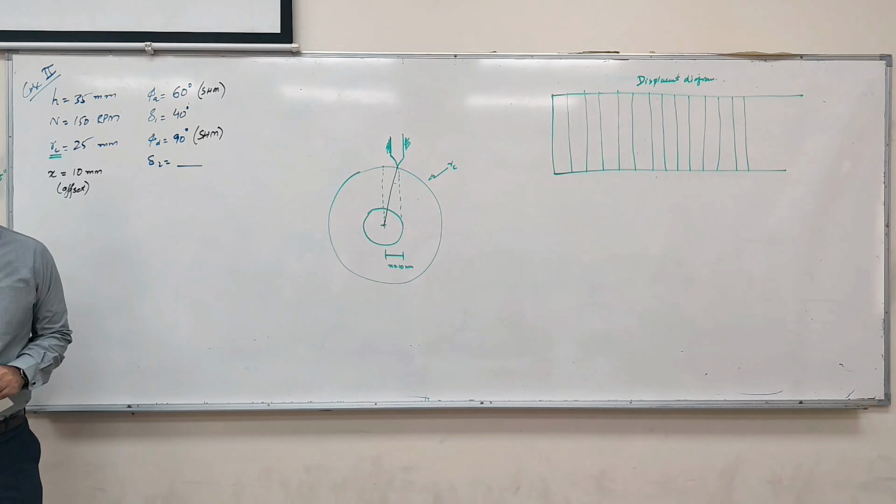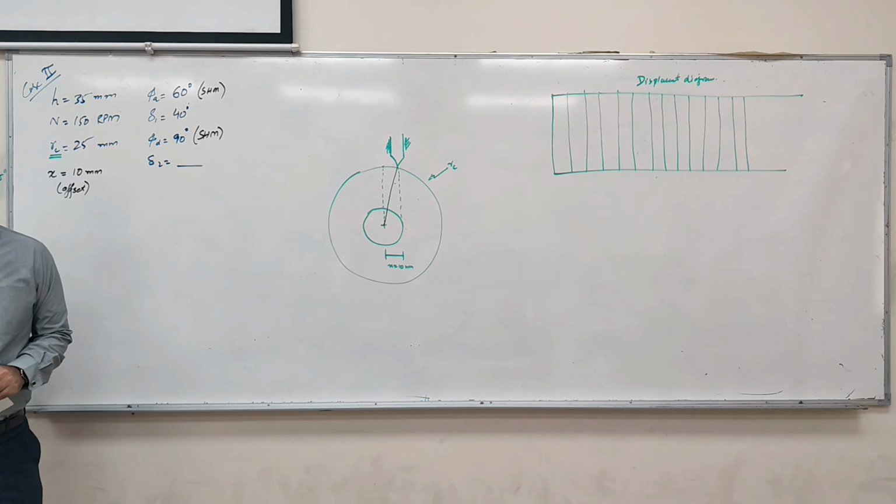I'm just telling you the difference between case 1 and this case. Before, we measured the angle like this. Now this time we'll measure the angle from this black line. Understandable? Okay, so let's draw this.